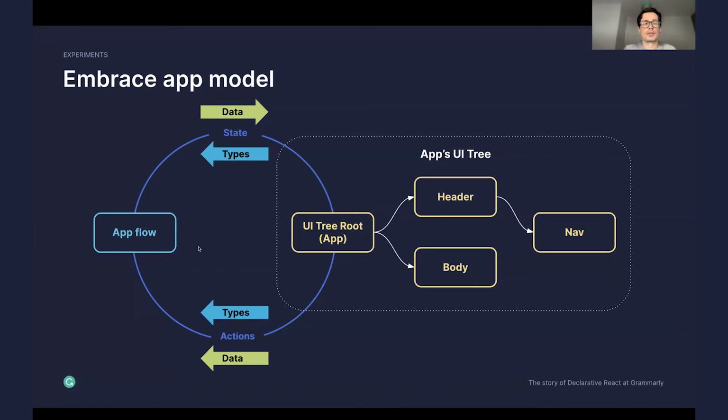And on the other side, we have app flow, which takes all those actions that could be emitted or created inside this application and provides as a result all the updates of the state of the entire application. So you see the data flows clockwise like this, and types always flow from the right to the left. And by that, I mean that every time we compose a smaller part into a larger one, we create a more complex type of the state and a more complex type of the actions.